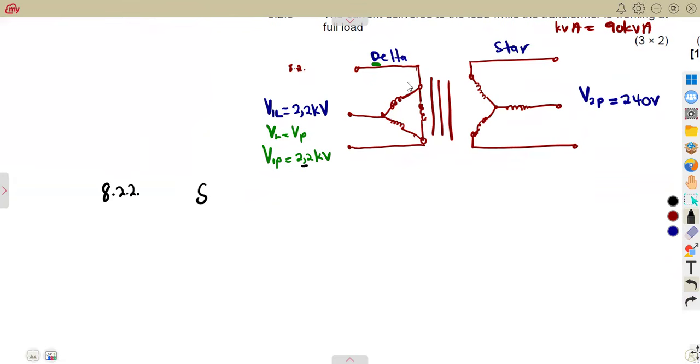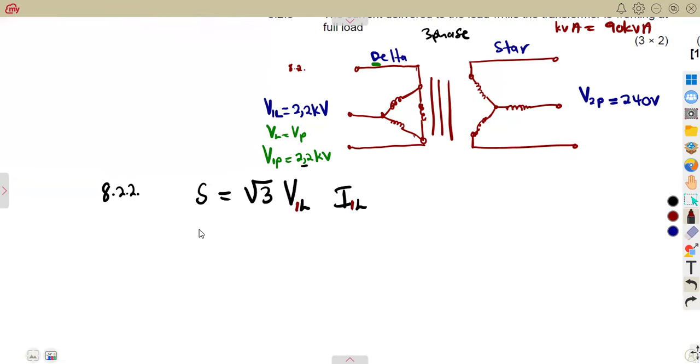But remember, guys, this is three-phase. So in a three-phase, it means this is going to be the square root of 3, considering the line voltage and the line current, from the primary side. So this will be 1, this will be 1 from the primary side.